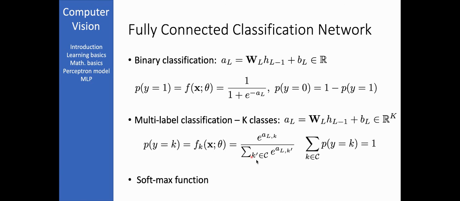Now, this softmax function converts all these activation values to between 0 and 1, as you can see from this ratio. Moreover, if I sum over all the probabilities, it's guaranteed to sum up to 1. So that's actually a real set of probabilities.